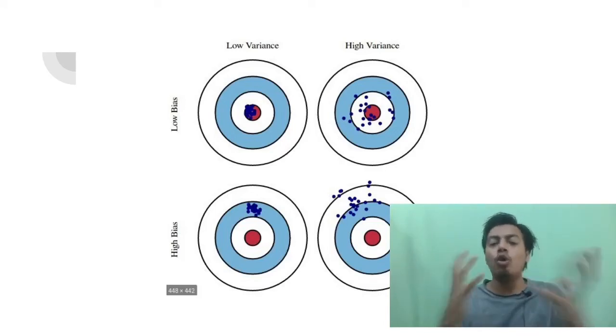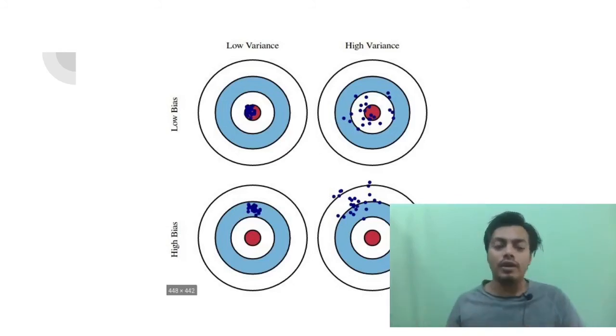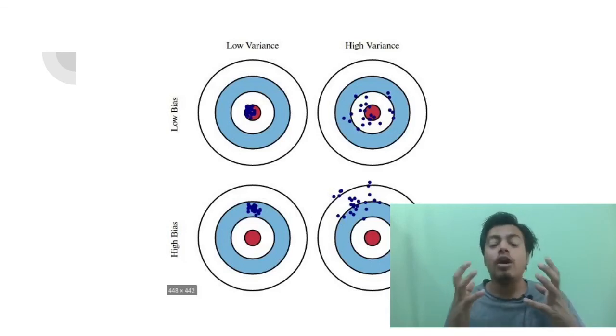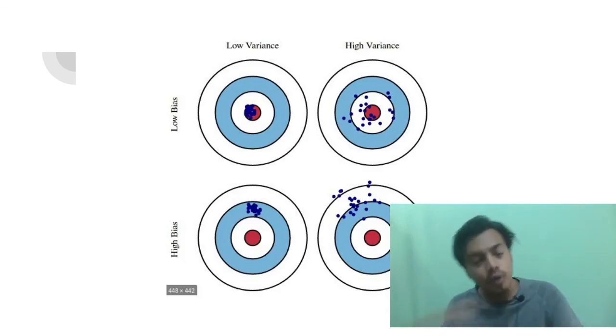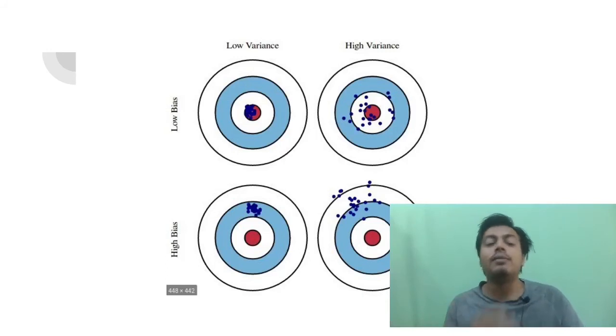Just try to correlate this with underfitting and overfitting. When the predictions are close to the bullseye, that is close to the actual points, your underfitting is going away, and that's why the bias is also going away. You have low bias and your model is reaching the optimum level.